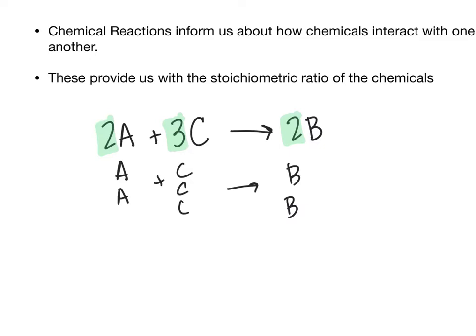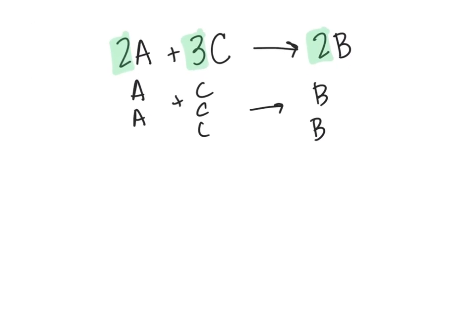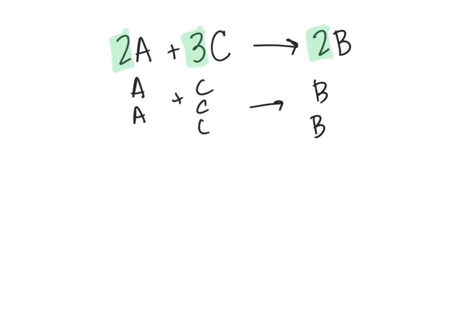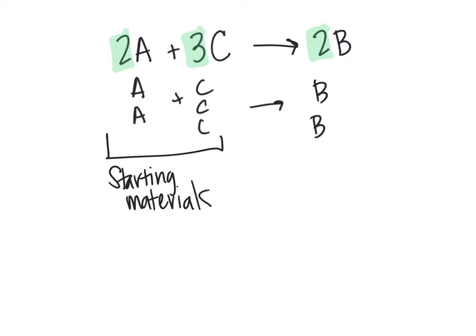The other thing that we know about equations or these reactions are the parts of the equation. And so what we can see is that on this side are our starting materials, otherwise known as reactants. And this over here is our ending material.